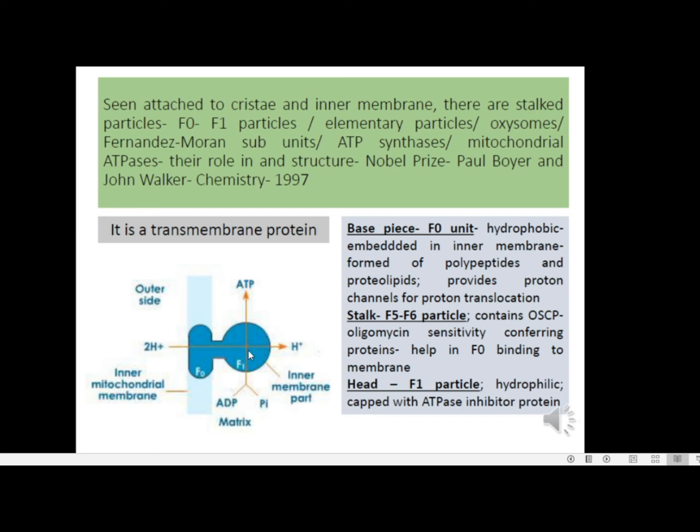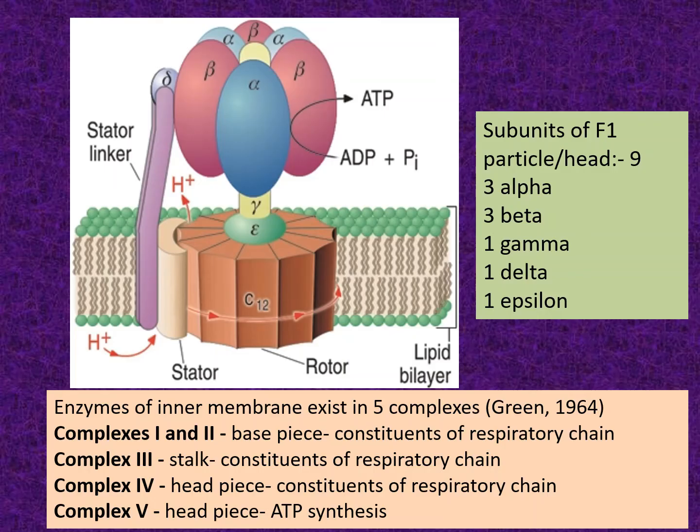And the head region or the F1 particle is hydrophilic. It is projecting into the matrix and it is capped with ATPase inhibitor protein. So this is the base, this is the stalk, and this is the head. So we will just go to the head region. The head region in turn has 9 subunits. Which are they?